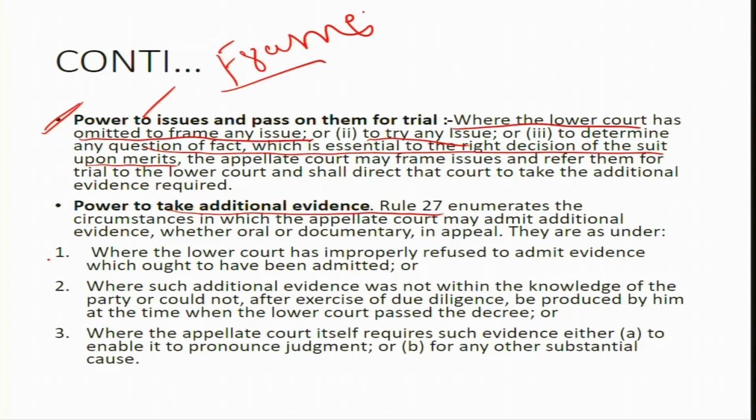The first is where the lower court has improperly refused to admit evidence which ought to have been admitted. See the meaning of this in Rule 27. Sometimes the trial court commits this mistake, which ought to have been admitted, but the court simply says this is irrelevant evidence.